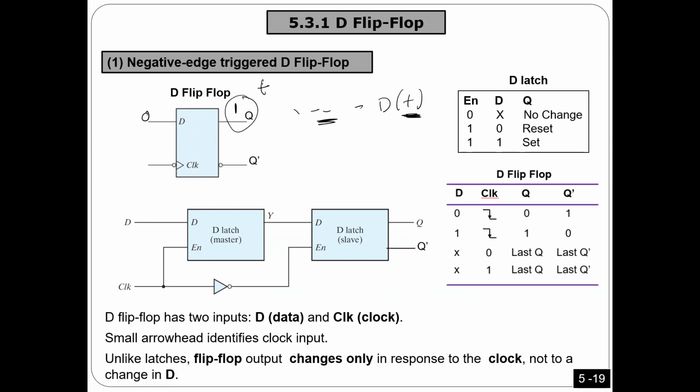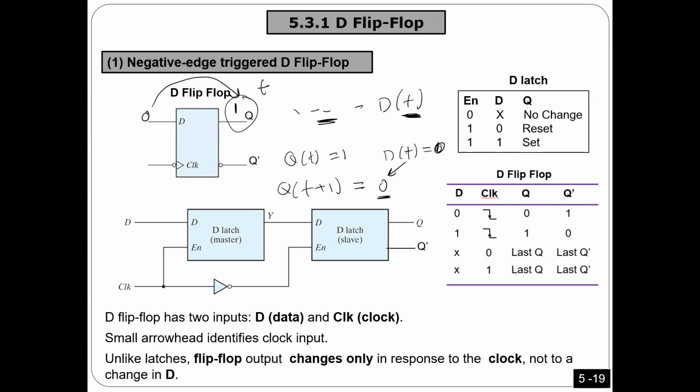The state at time t, the current state, is 1. So I can say Q of t is 1, D of t is 0. When the clock comes, we call it Q of t plus 1. What is this? This 0 is going to come to here, so it should be equal to 0. Is that okay?